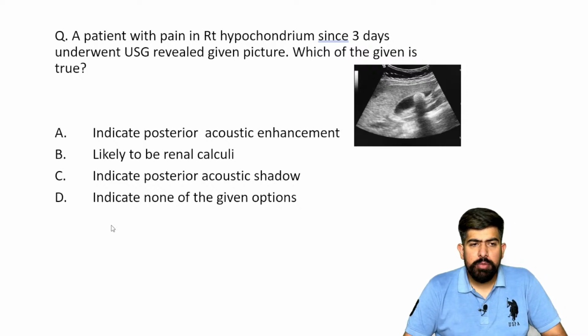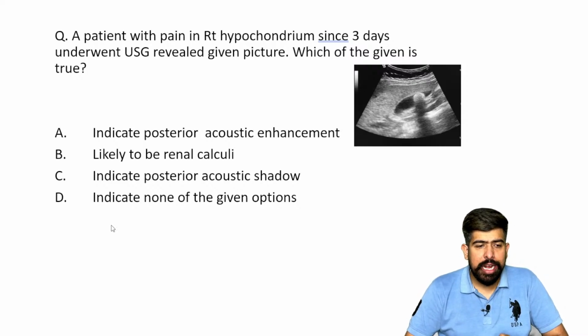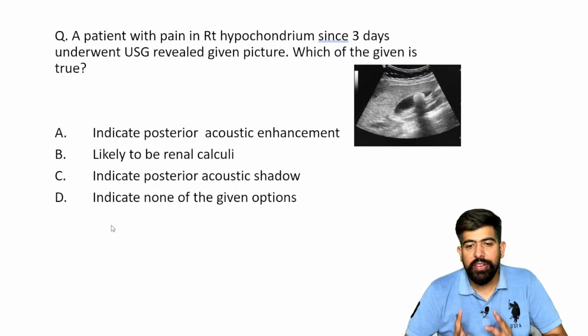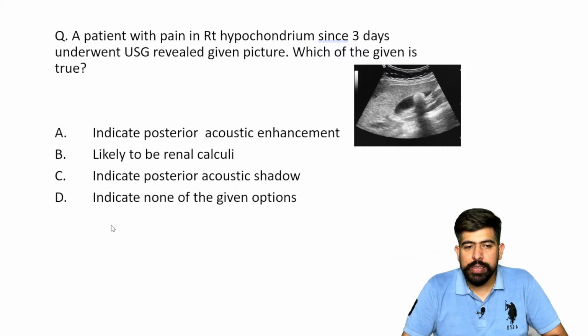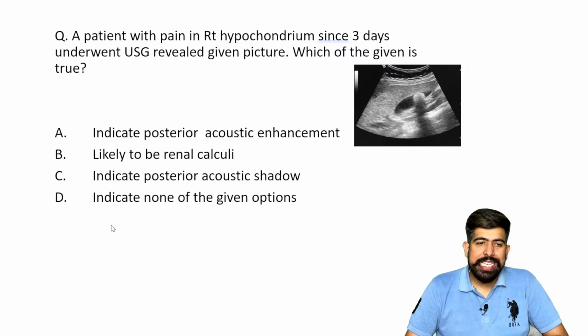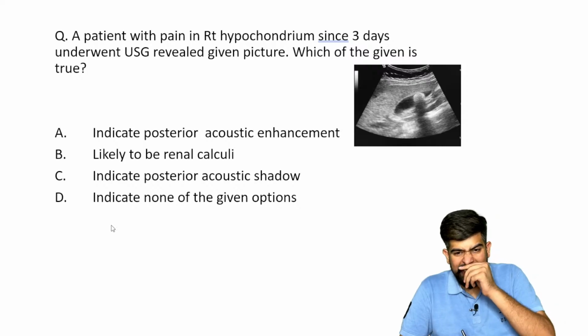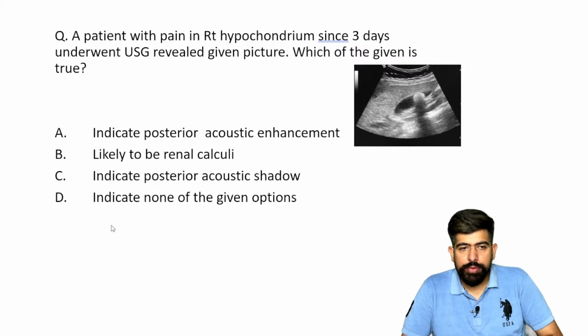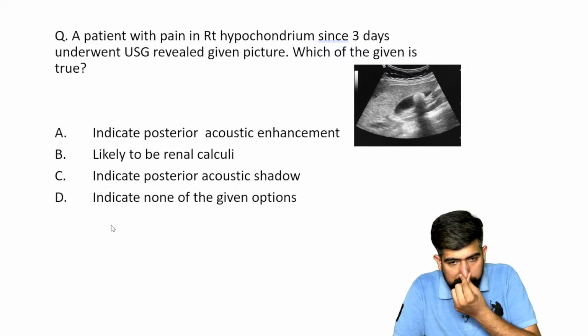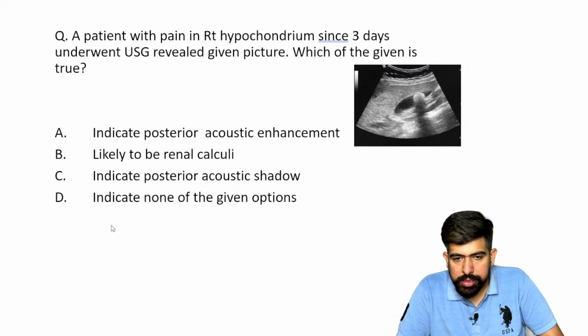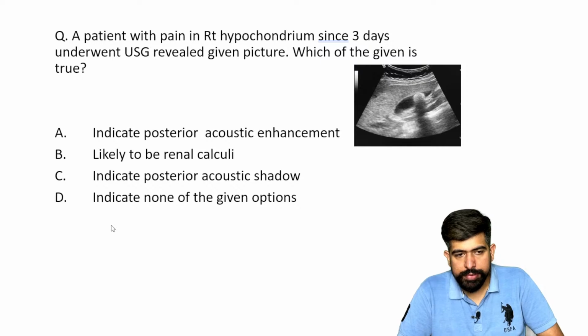Very good. Here it is asking you to identify the image given to you and make the diagnosis of it. Okay, very good. As they have given you the options, first of all try to make the diagnosis.